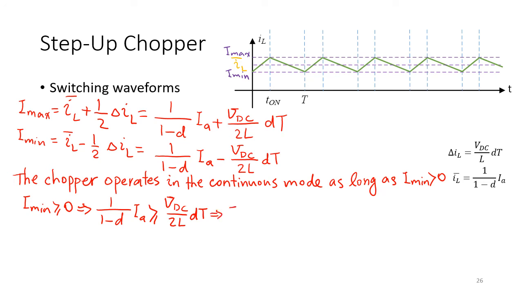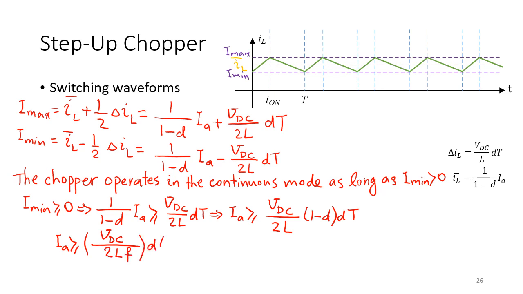So IA should be greater than or equal to VDC over 2L times D(1 minus D) times T. We can change the T to 1 over f, so IA should be greater than or equal to VDC over 2LF times D(1 minus D) to remain in the continuous mode.